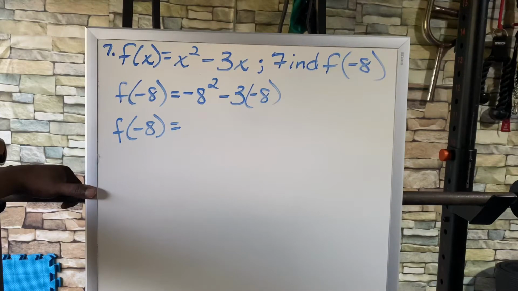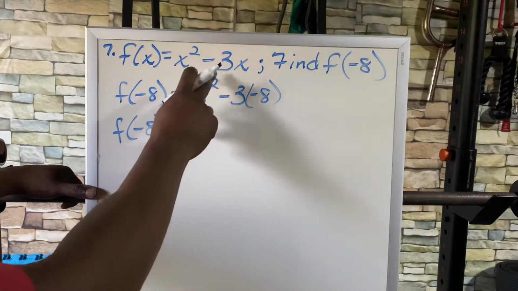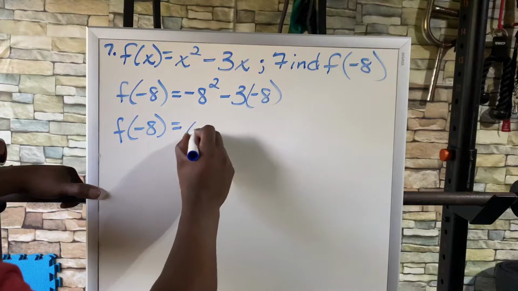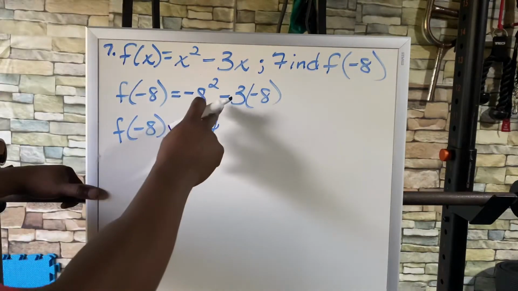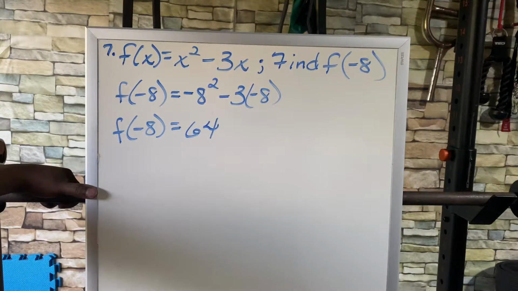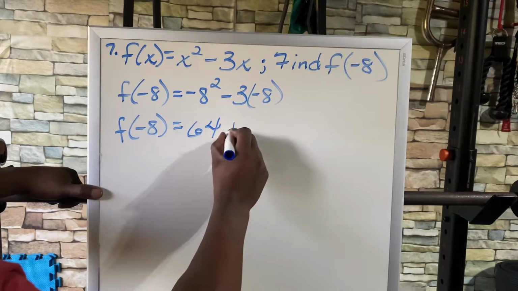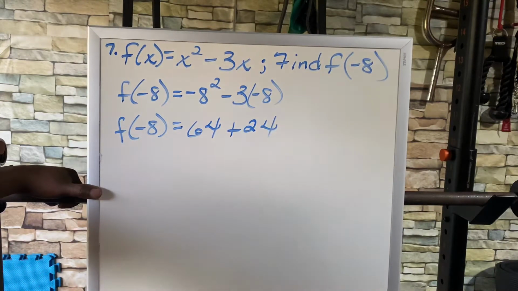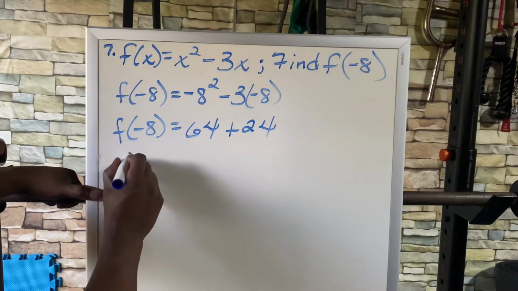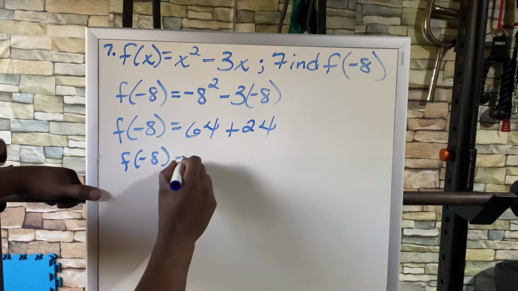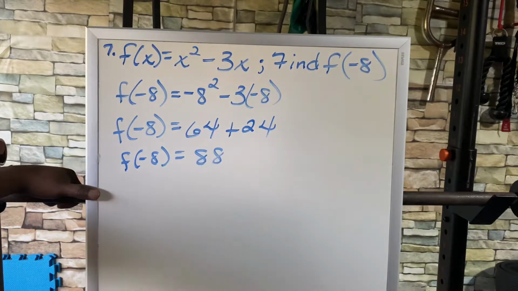When we multiply two negatives, we get a positive. So negative 8 times negative 8 is positive 64. Right here we're multiplying, so we can take this minus as negative 3. Negative 3 times negative 8 is 24. 64 plus 24 gives us 88.